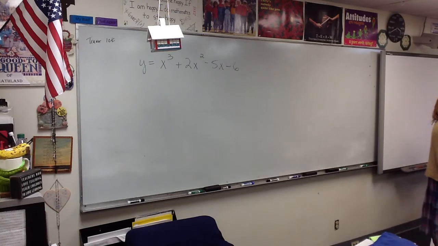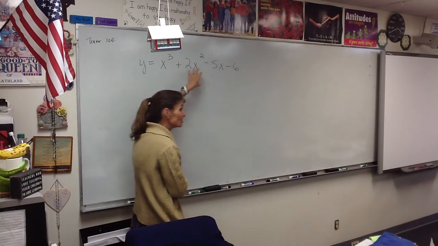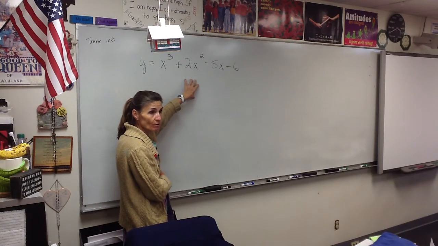So if I say 5 is a factor of 10, that means 5 divides into 10 evenly. 7 is not a factor of 10 because it doesn't divide in evenly, right? So your job is to find numbers that you can divide into this and get no remainder.